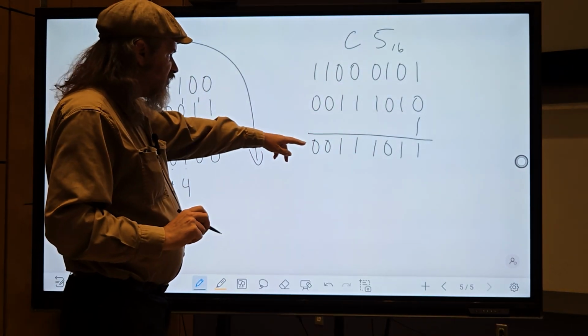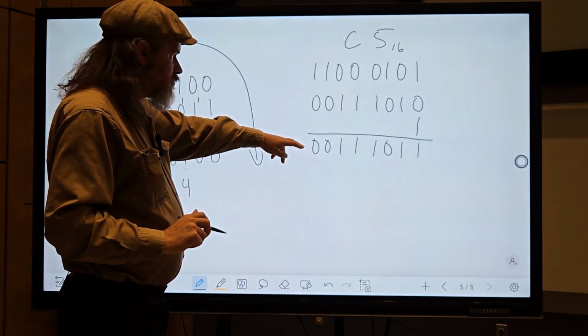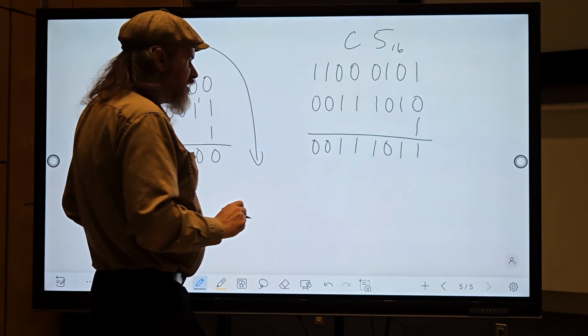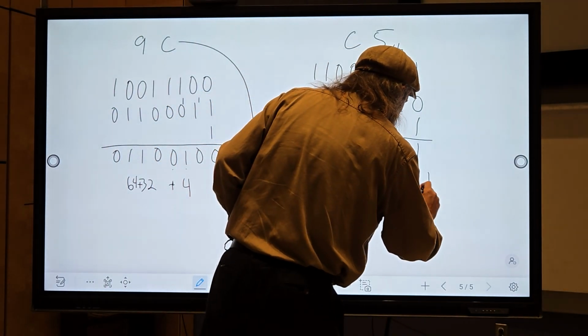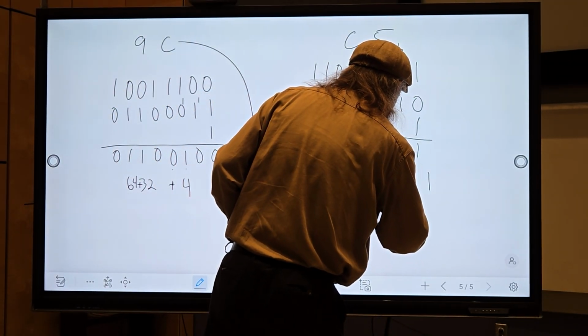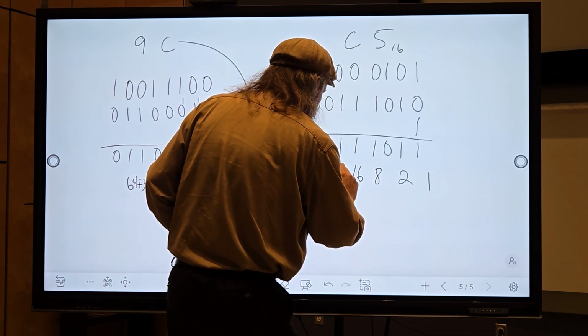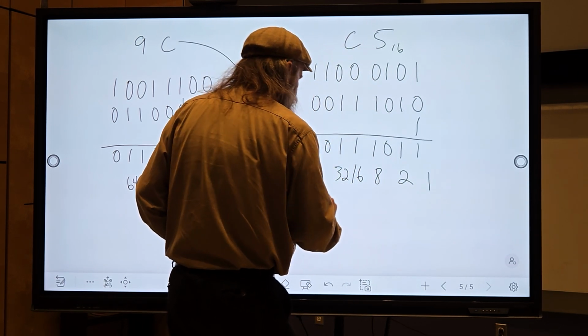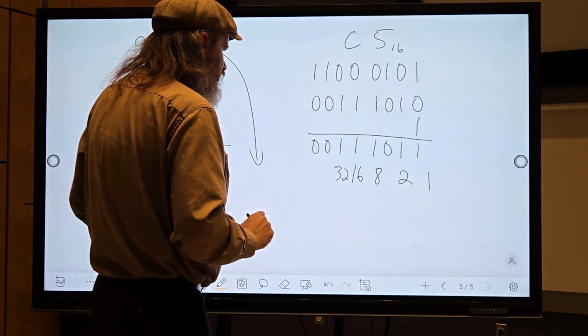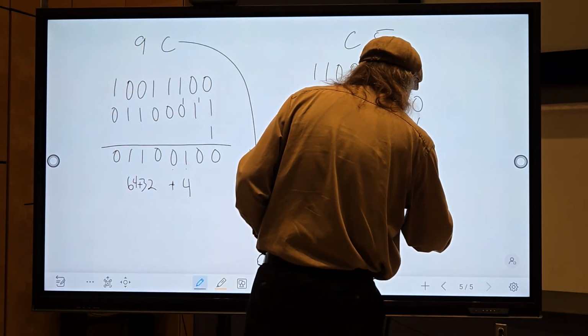Then convert this to decimal, which is a 1, a 2, no 4s, there's an 8, there's a 16, and a 32. So that would be 59.